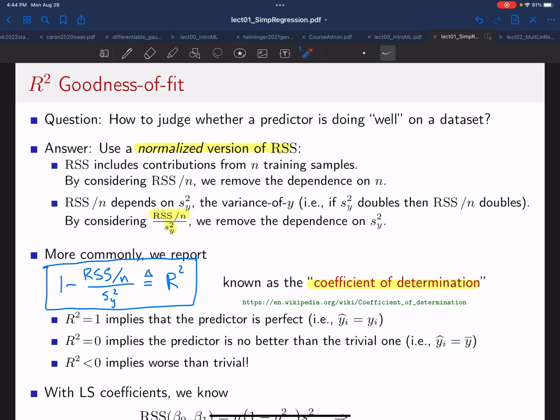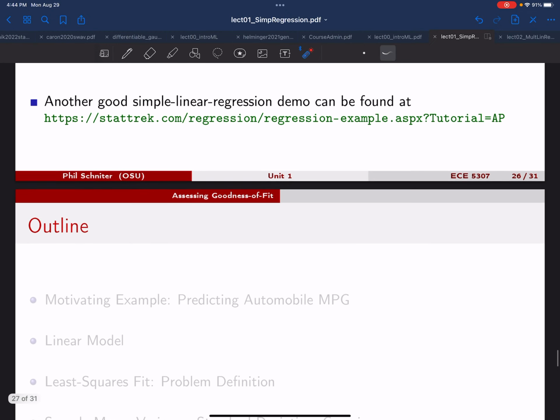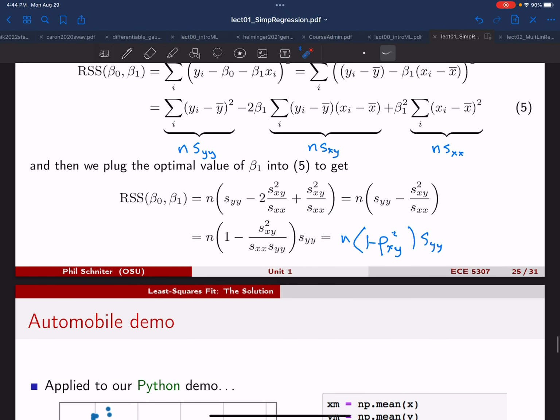So if you're using this least squares optimal design, what's the worst that can happen? Let's come back to this equation for RSS. What's the worst that can happen with this to give you the lowest possible RSS? What if my x's have absolutely nothing to do with my y's?